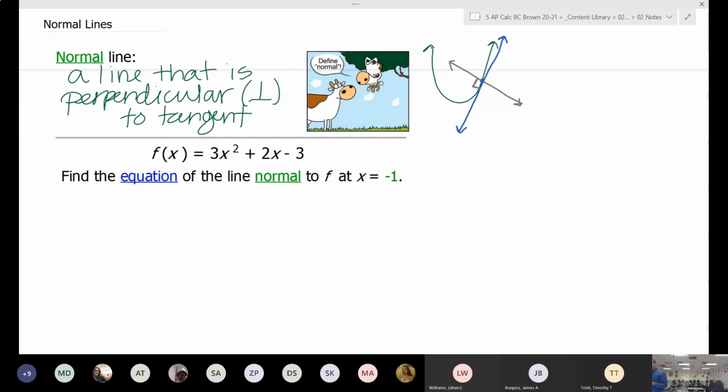So again, also to review some things that we use in calculus from Algebra 1. If a normal line is perpendicular to a tangent, how are the slopes going to be related to each other?